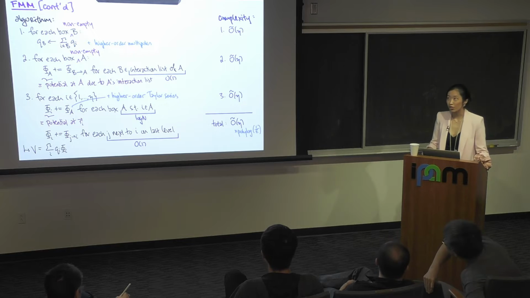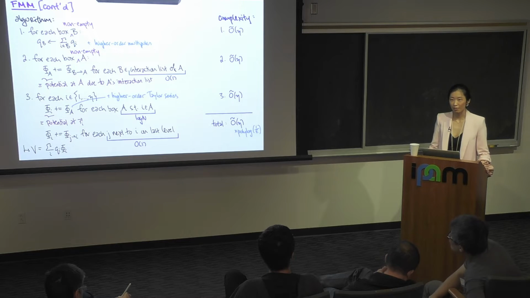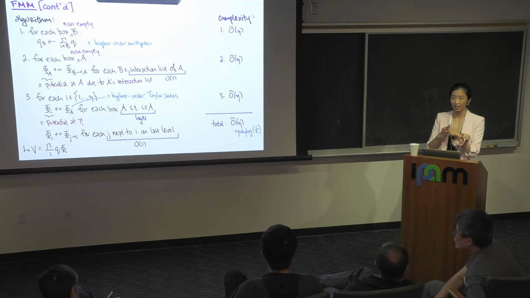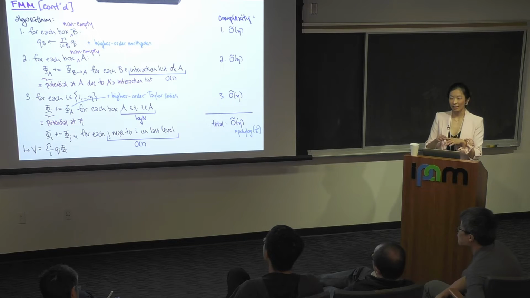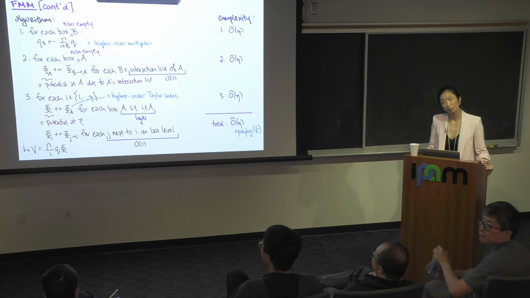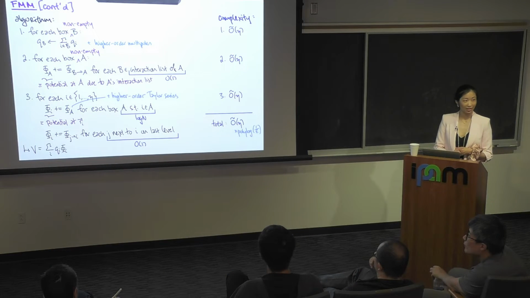I'd imagine that it's exponential in the dimension, because the size of your interaction list is like, if your points are lying in some d-dimensional space, then the interaction list of the box will also depend on it. Yeah, that's what I'm saying. It's probably going to be exponential in the dimension. But again, we're only going to apply this to at most 3 dimensions.